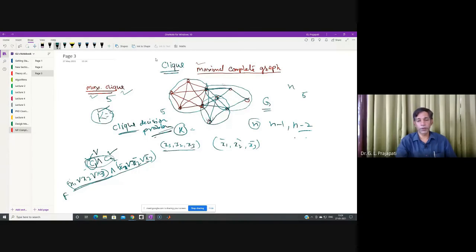This satisfiability problem can be solved with the help of the Clique decision problem. Means CNF, conjunctive normal form satisfiability, reduces to the CDP. CDP means Clique decision problem.